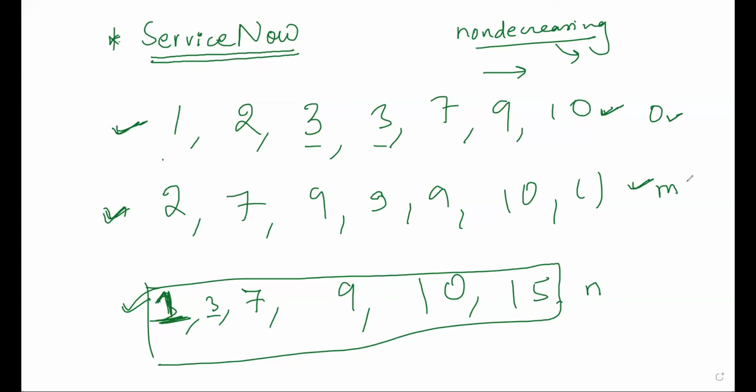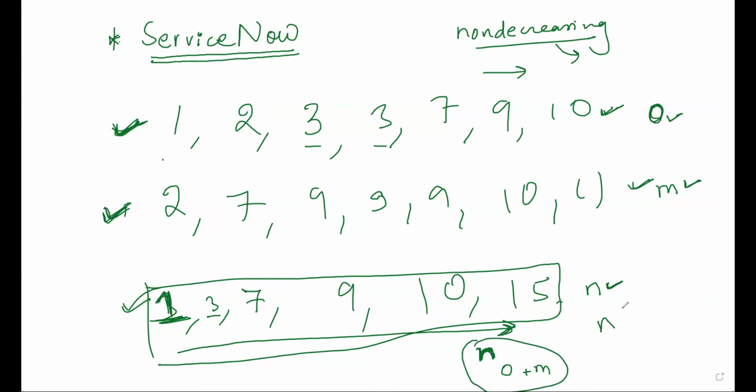To go through all the elements of the smallest array, which contains n elements, you require n operations. Then you go through both the other arrays, which requires o plus m operations every time. So your time complexity will be n into o plus m.